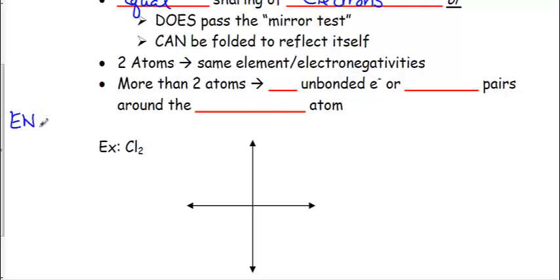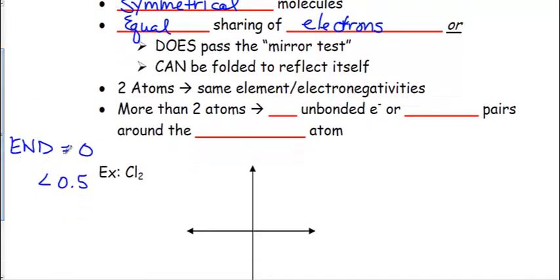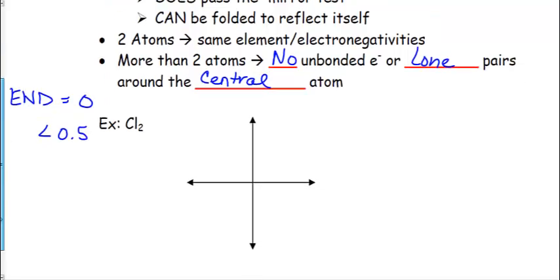END is going to be equal to 0, basically, in this case, or obviously less than 0.5. Okay. So more than two atoms, no unbonded electrons or lone pairs around the central atom. So it's the opposite, obviously, polar, nonpolar.